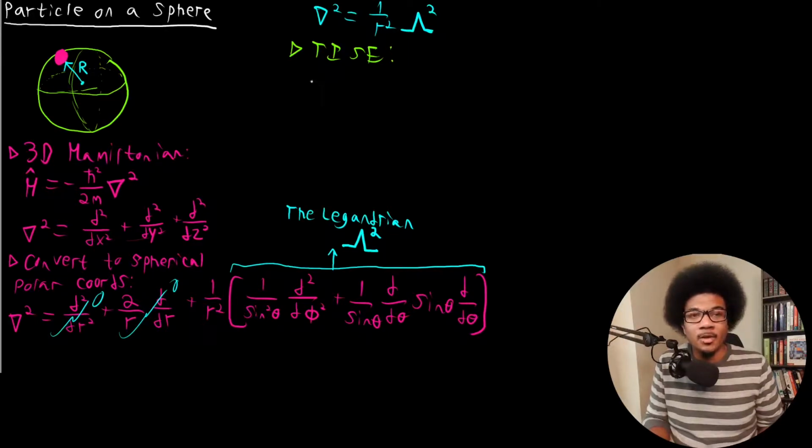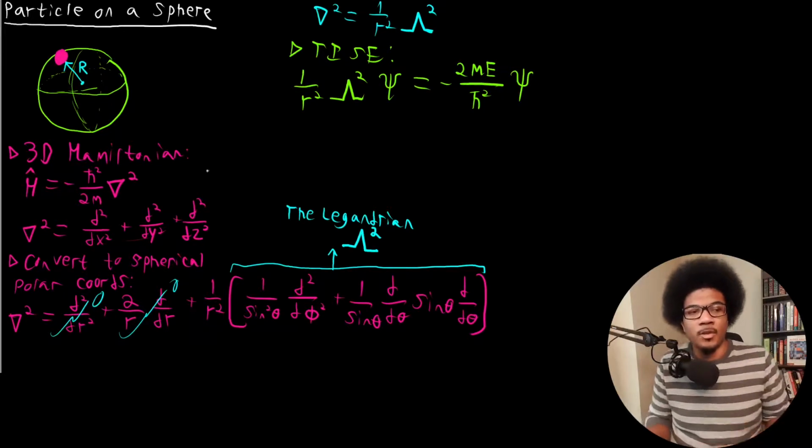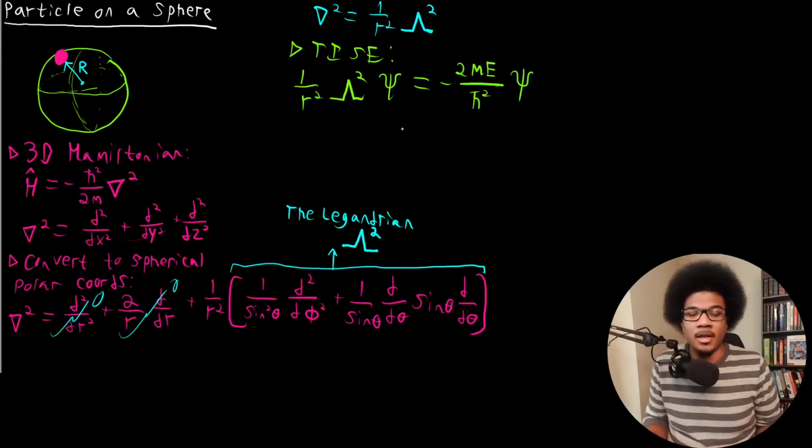Simplifying the Hamiltonian, we end up with 1 over r squared lambda squared psi equal to negative 2mE over h bar squared times psi. I just did the algebra there, moving the kinetic energy term over.